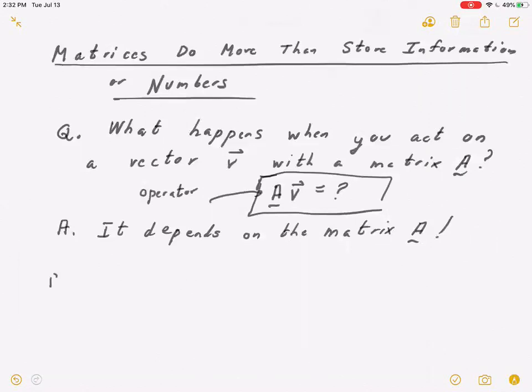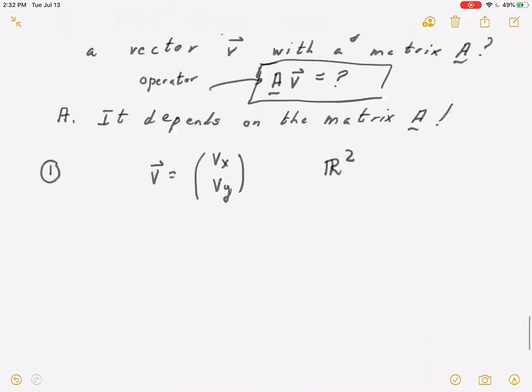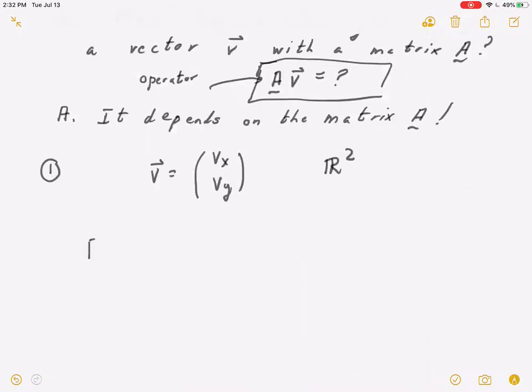So let's go through some specific examples to see how this works out. So suppose you have a vector in R2. Let's go back to real numbers and real vectors now, make our life a little simpler. And suppose I have a very specific matrix, a 2x2 matrix. It looks like this.